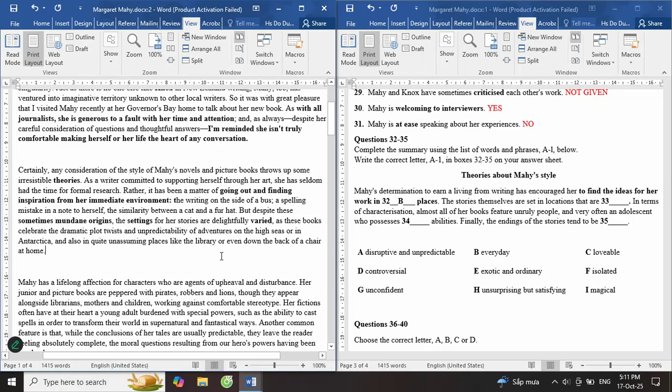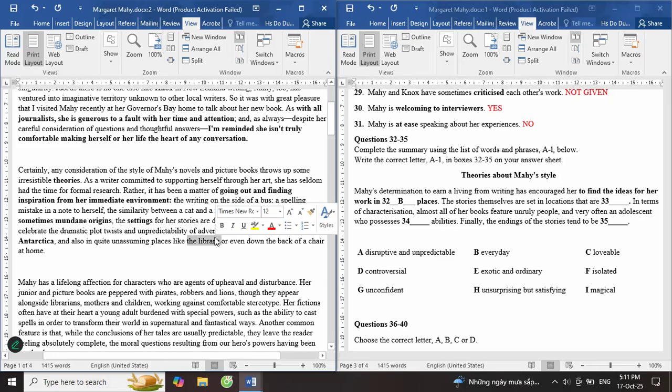But we can sometimes ignore those words and focus on the words we know to find the correct answer. Maybe we don't know dramatic plot twist, we don't know unpredictability of adventures, but we do know high sea and Antarctica. If you don't know Antarctica, please learn it. It is considered a must-know word.